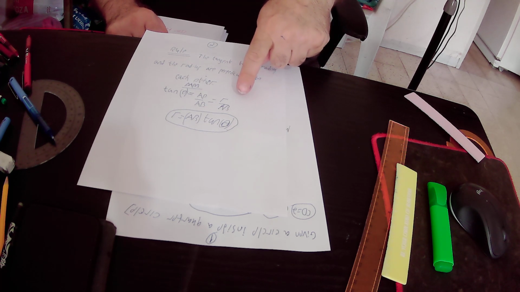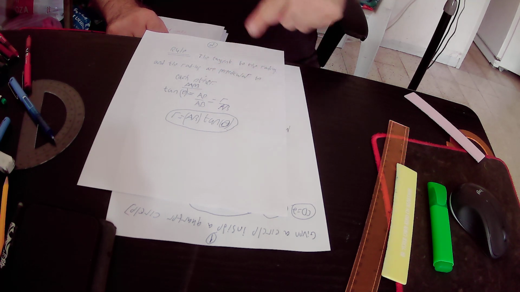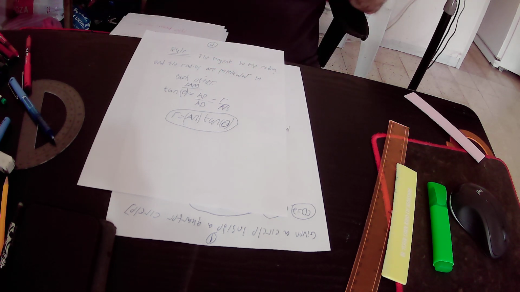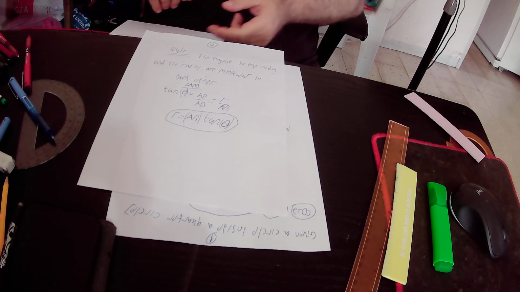We multiply this equality by AB, and we found out that the radius of the small circle equals AB times tangent theta. So in order to find out the radius of the small circle, we must find the value of AB, and we must also find the value of tangent theta.